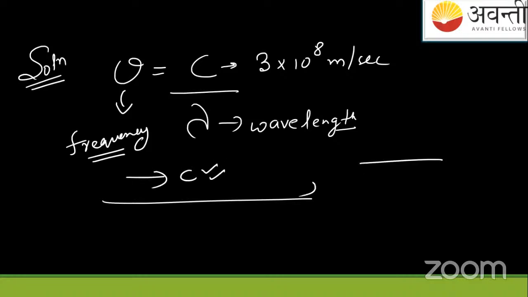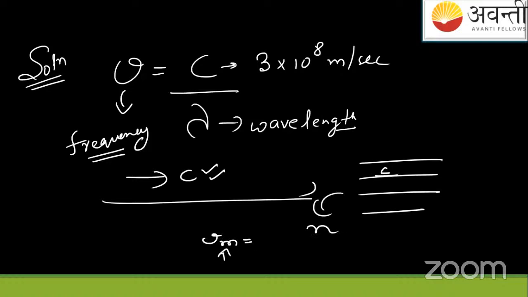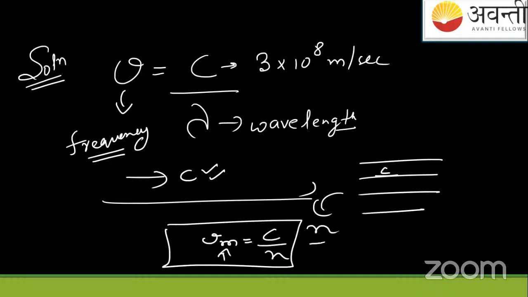But when it is in some medium which is having a refractive index as n, the speed of the light changes in the medium, v subscript m, to C by n, which is the refractive index of the medium. If you put this formula here, suppose in the vacuum, this is the frequency with lambda of light, so what happens when the light ray passes through a medium which is having some refractive index? It will be C by n upon lambda.